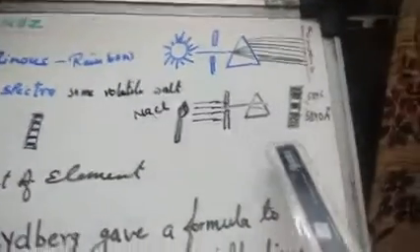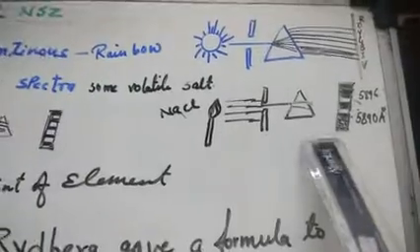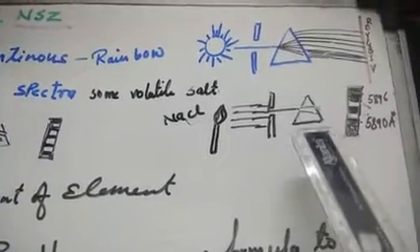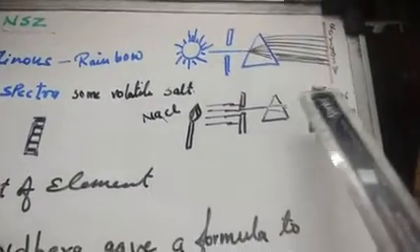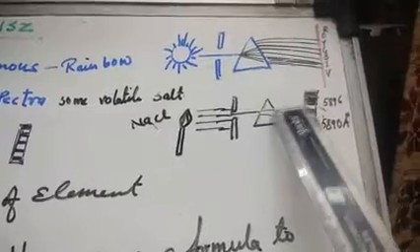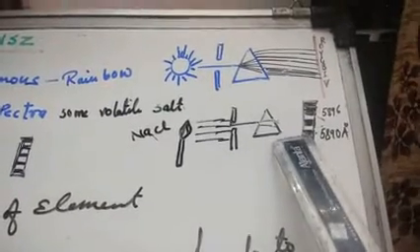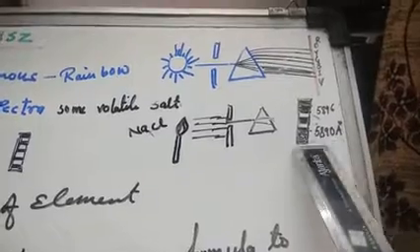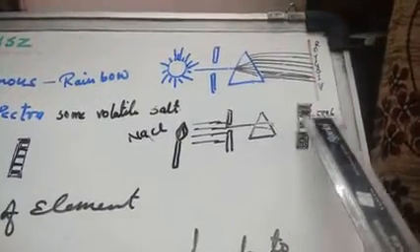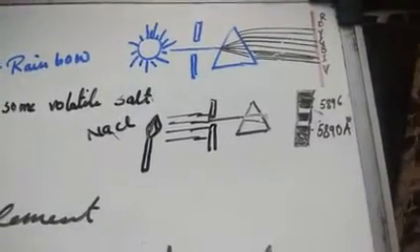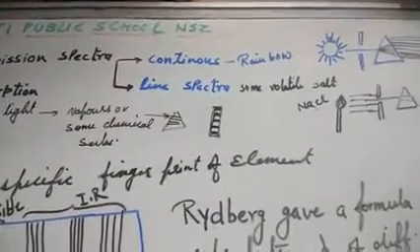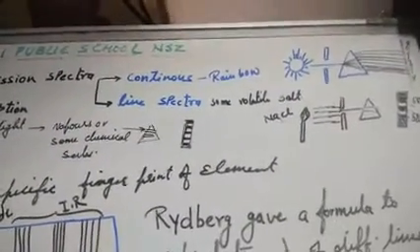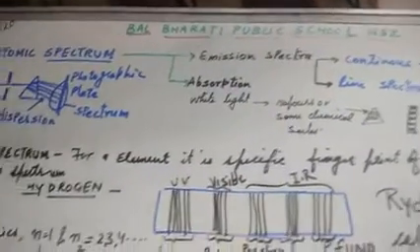Sodium lamp always gives yellow colored light when heated or given electric spark, and those two lines are associated with two different wavelengths, that is 5890 angstrom and 5896 angstrom. Okay, students. So, in the case of line spectrum, we are getting bright lines interrupted by dark zones.